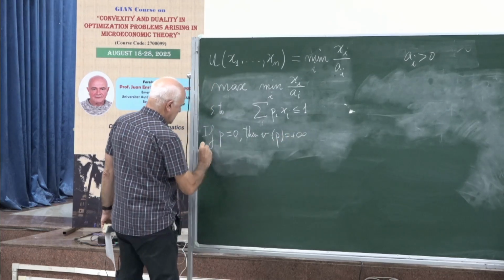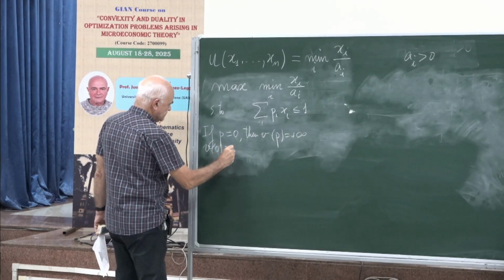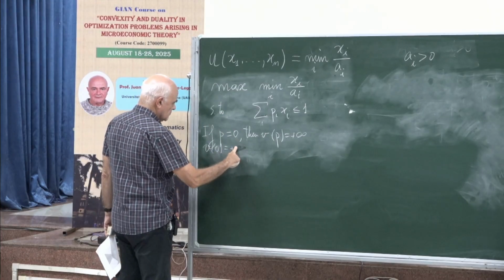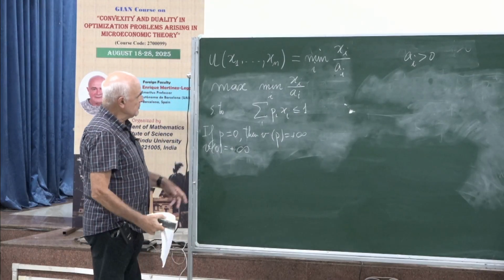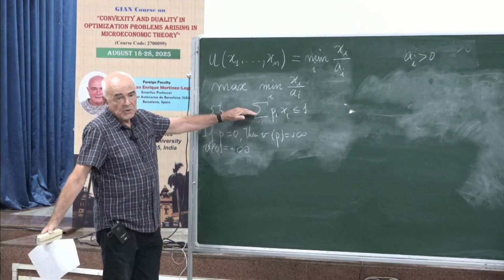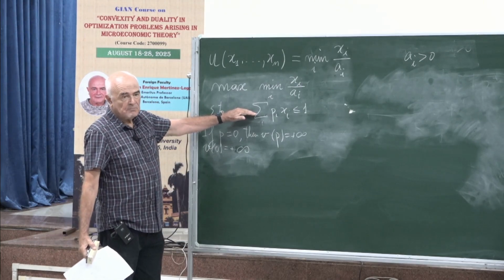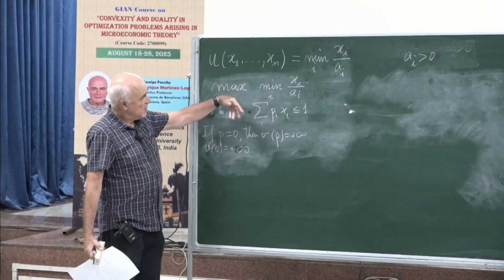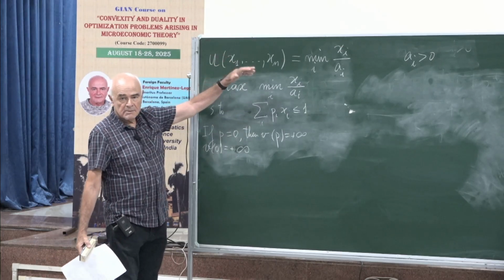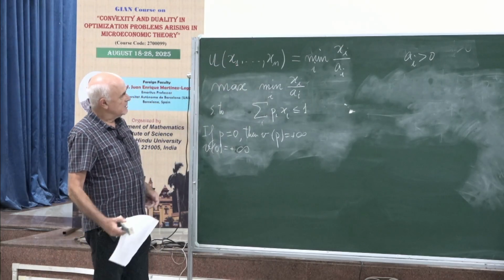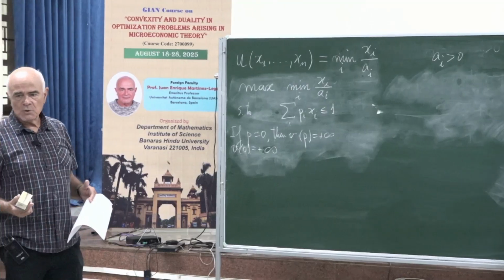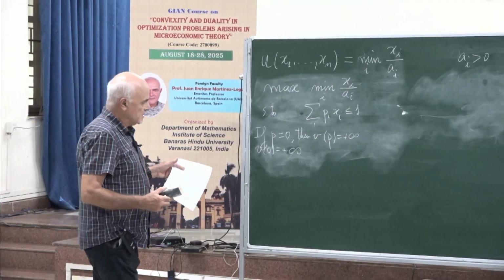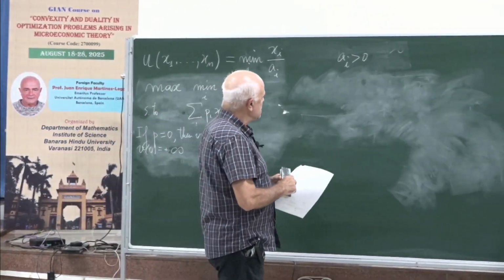So let's say simply V of 0 is plus infinity. This is clear because if P is 0, this constraint doesn't impose any restriction, so I can take whatever x, and then the objective function can be made as large as possible, so it goes to plus infinity. It was not true what I previously said.